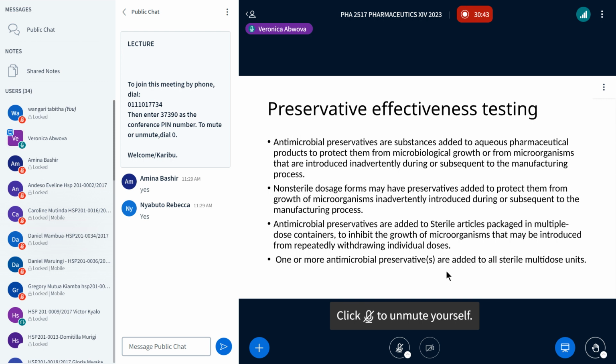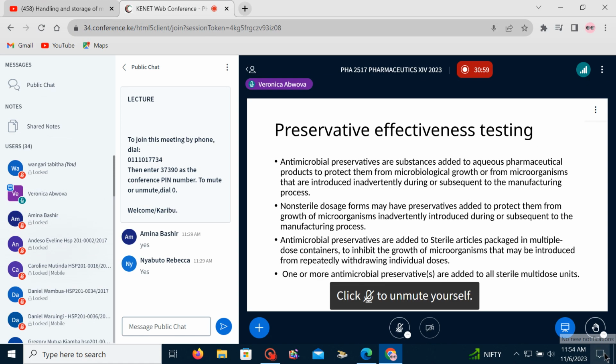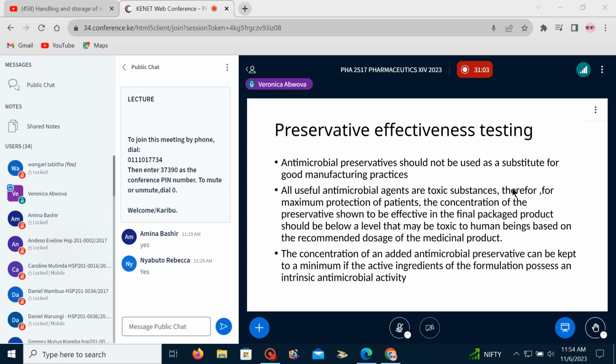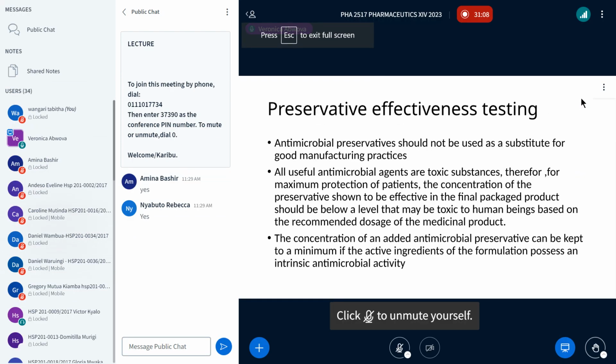Okay, one or more antimicrobial preservatives are added to all sterile multi-dose units. So again, remember, with multi-dose units, it's possible that during withdrawal, you may introduce microorganisms. So for these ones, you need to add preservative. Antimicrobial preservatives should not be used as a substitute for good manufacturing practice.